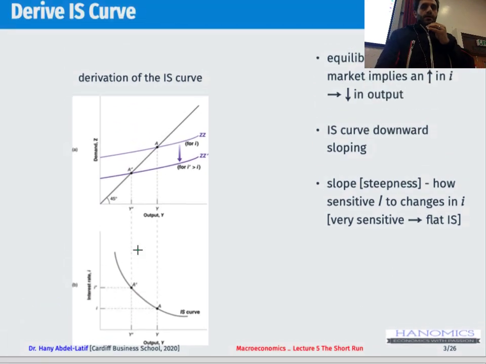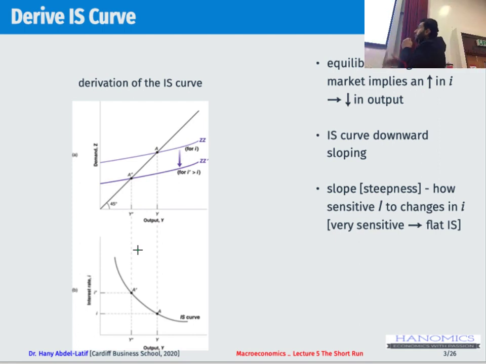So in terms of the slope, we understand it's a downward sloping curve, and the slope or the steepness depends on how sensitive investment is to changes in the interest rate. If it is very sensitive, that means small changes in the interest rate bring massive changes to investment, so the IS will become flatter.